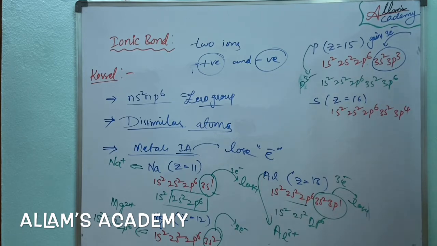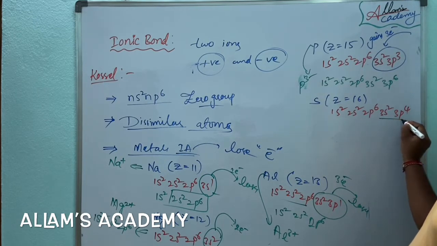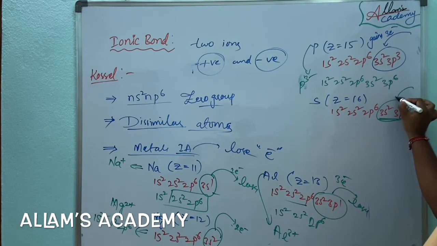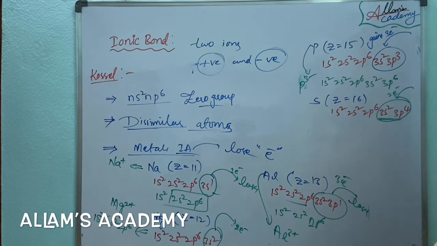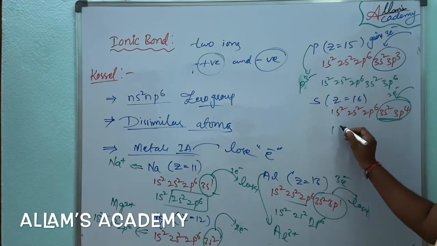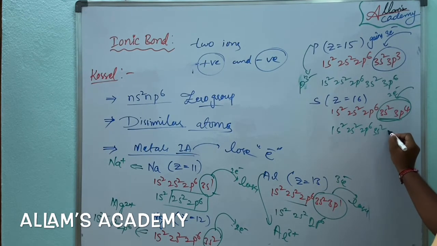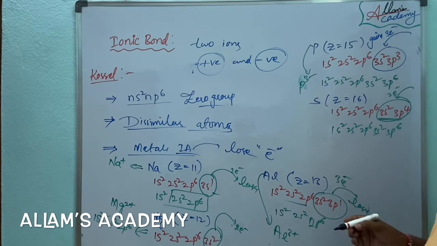To get a stable electronic configuration in its outermost shell, it gains 2 electrons, forming the stable electronic configuration 1s2 2s2 2p6 3s2 3p6.